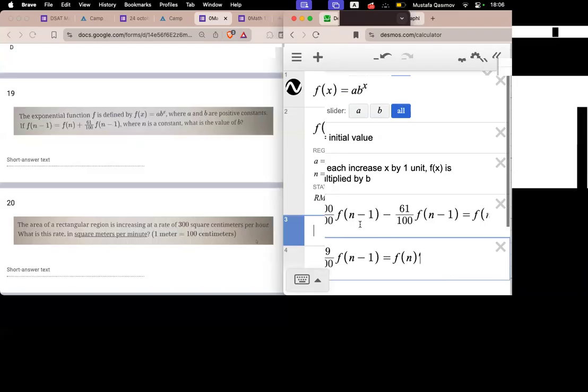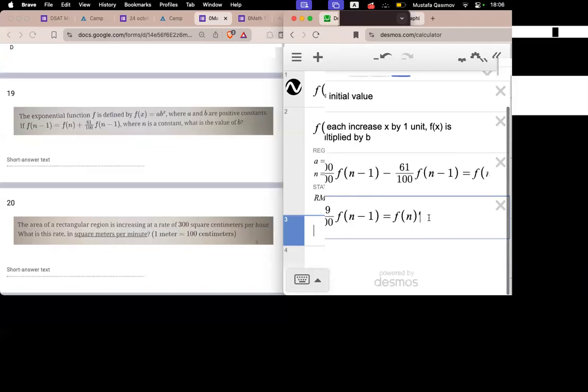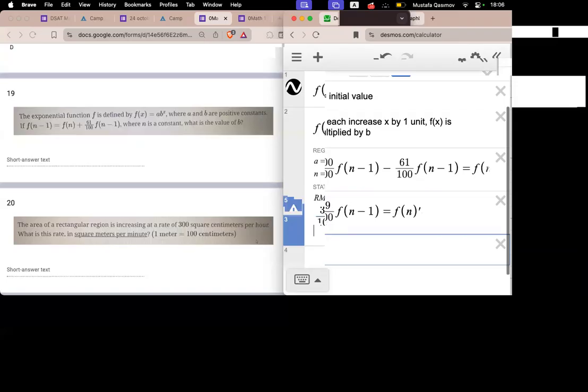Or if you want, you can put this function here. You can find from here 0.39 multiplied by AB with power of m minus 1 is equal to AB with power of n. Here we can eliminate a from each side.